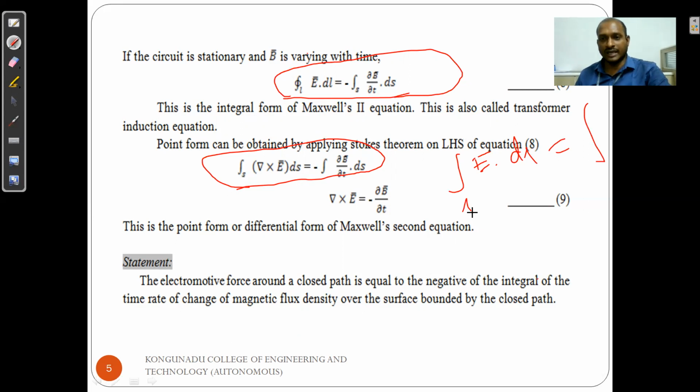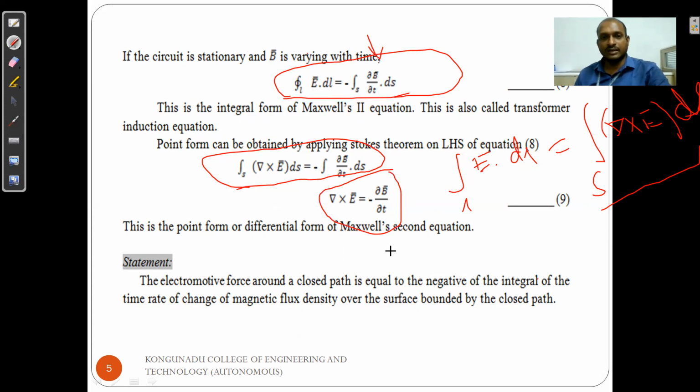It is used to convert line integral into surface integral of del cross E into ds. We are going to equate this: surface integral del cross E into ds is equal to minus surface integral dou B by dou t into ds. So neglecting the integration and differentiation terms, finally we get del cross E is equal to minus dou B by dou t.